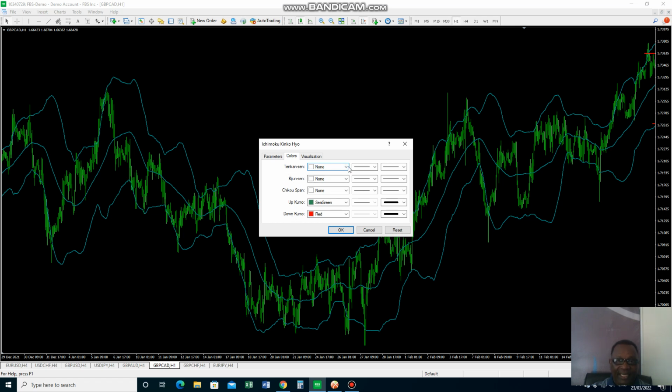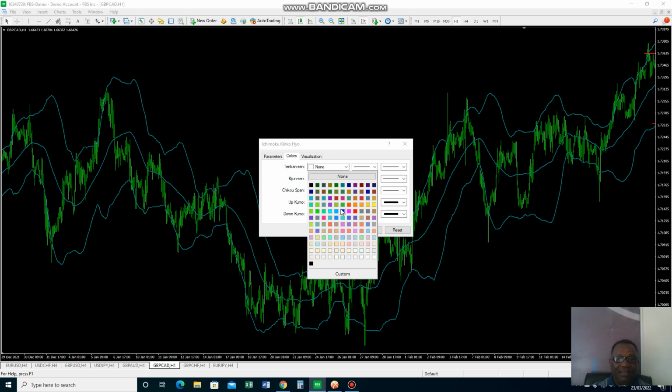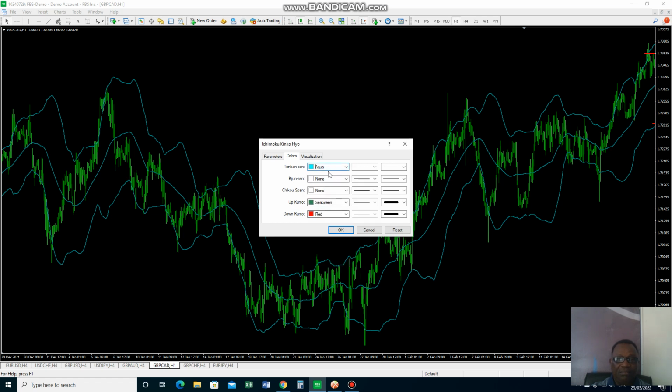If you look at the parameters, I just need the Tenkan. So I go to the color, the Tenkan. I'll make my Tenkan this color, which is 9. I don't need any color for Kijun, so that is why I put none on Kijun.